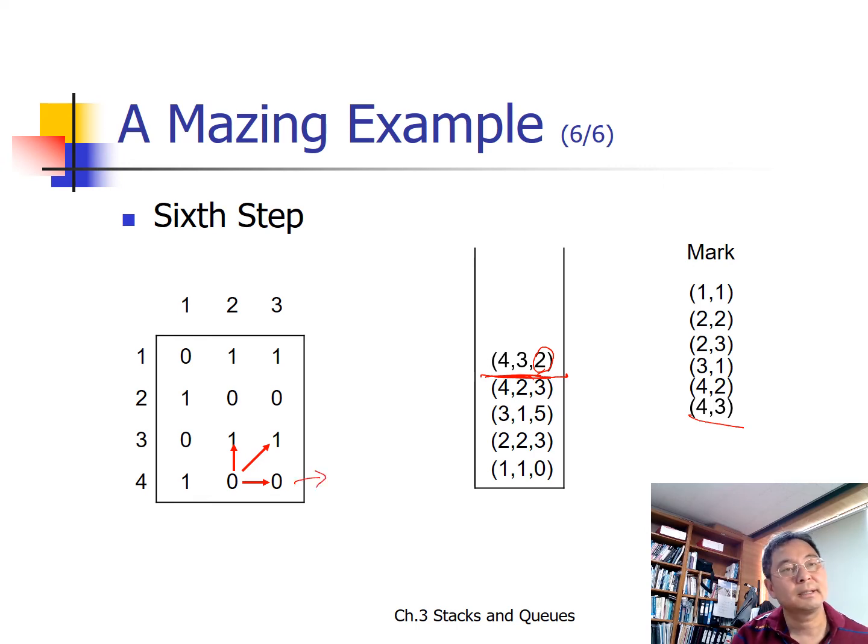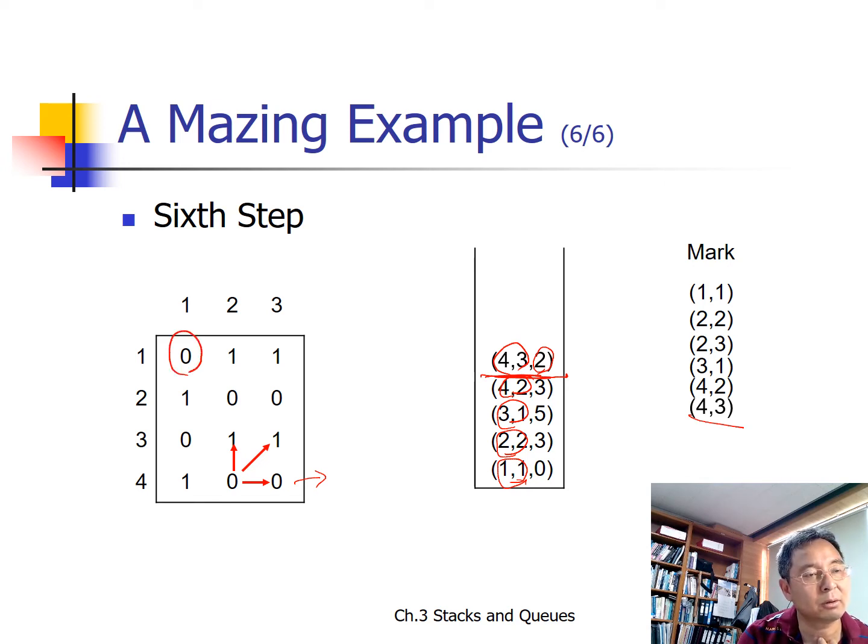Using this one, can you find the successful through path from the entrance to the exit? Yes, if you follow this position, then it is a possible through path in the maze problem.